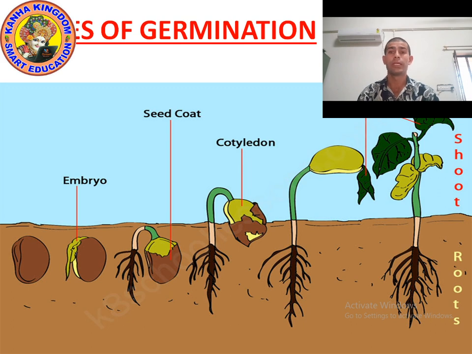You know, when a farmer puts the seed into the soil, means when they sow the seed, then after a few days it comes out. How? Because a seed needs a few things. A seed needs air, water, and heat, warmth.